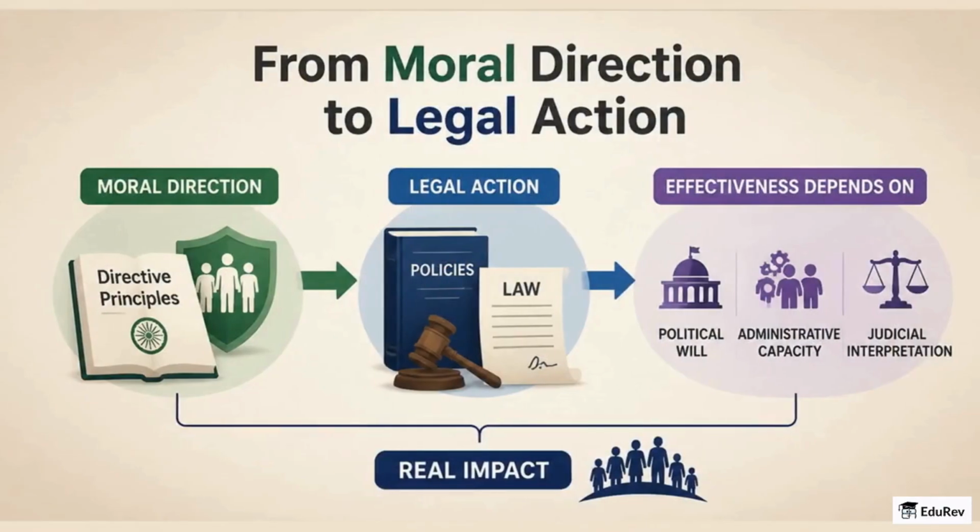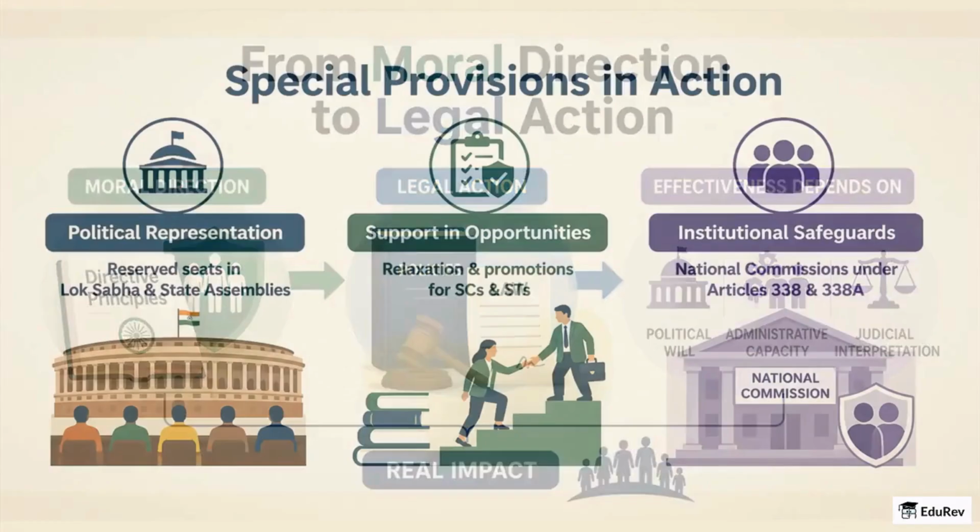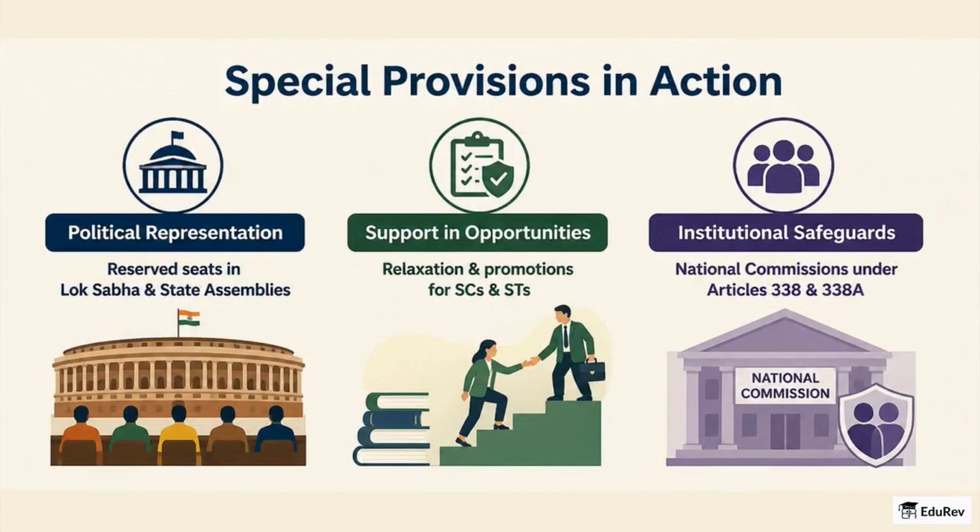In practice, policies flow from moral direction to legal action, and the effectiveness depends on political will, administrative capacity, and judicial interpretation. Quick examples to anchor memory: reservation in Lok Sabha and state assemblies, relaxation in promotions for SCs and STs, and the creation of national commissions under Articles 338 and 338A.